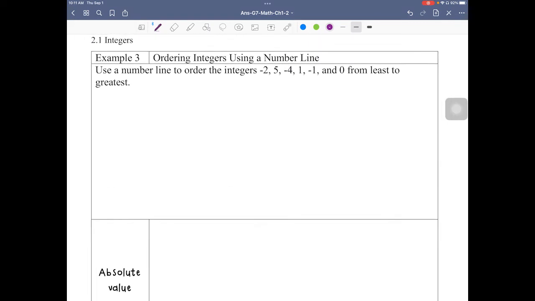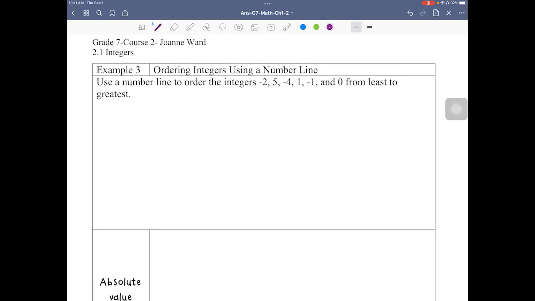Now for example 3, use a number line to order the integers -2, 5, -4, 1, -1, and 0 from least, the smallest, to the greatest. I have a number line, and I want to list the integers.